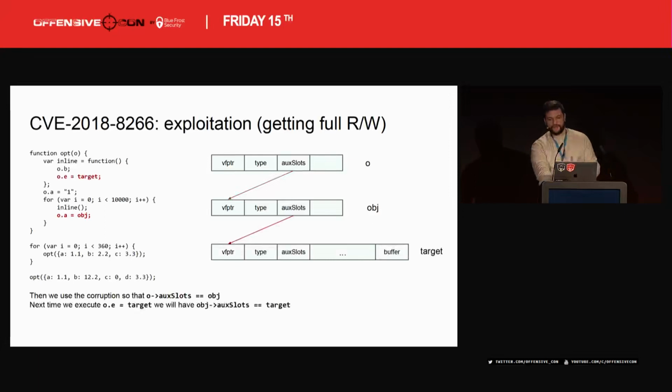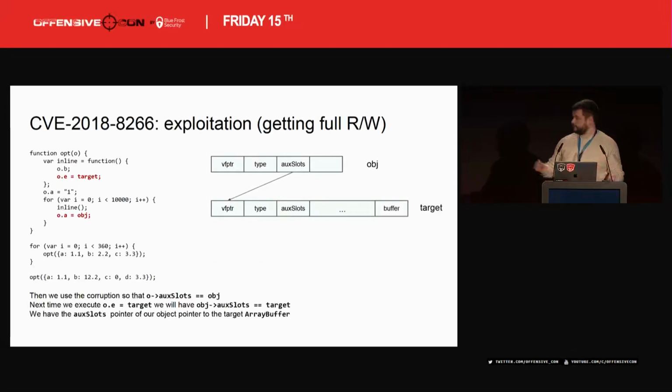And now when I execute O.e equals target, I basically make my global object obj point inside the array buffer itself. So all of that to achieve that memory layout, where we have a global object whose oxlots pointer points inside a target array buffer. And an array buffer is really nice because there's this buffer field, which is basically the pointer to where memory for that array buffer is.